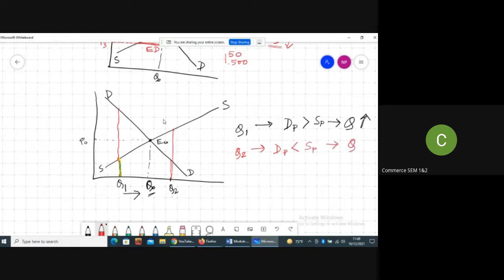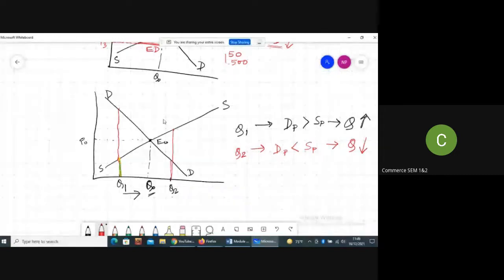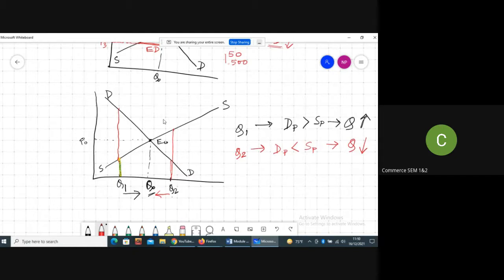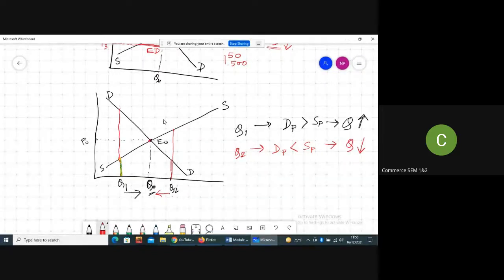So output will start to decrease in this direction and it will come back to Q0 amount of output. So equilibrium E0 will be restored again. So we can call this E0 equilibrium a Marshallian stable equilibrium.